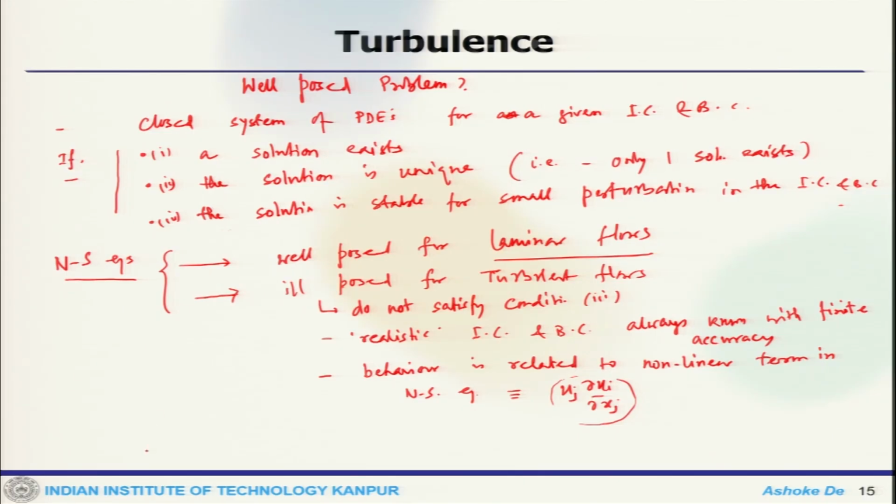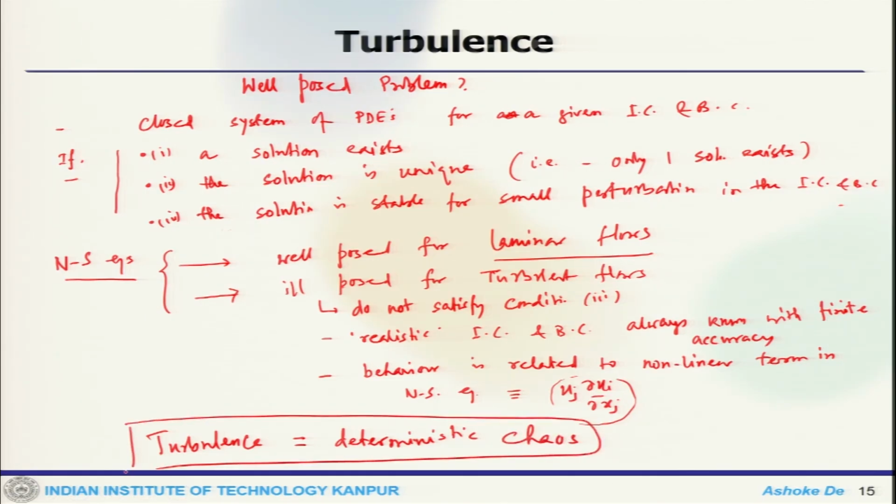So, that means we can conclude saying that turbulence could be a deterministic chaos. So, this is what one can say about turbulent flows.